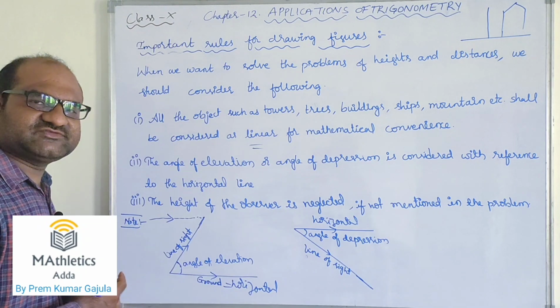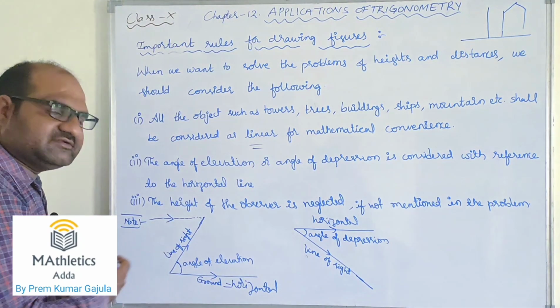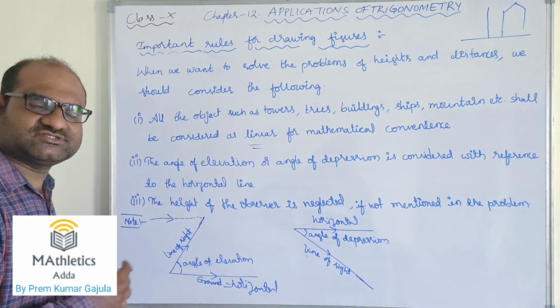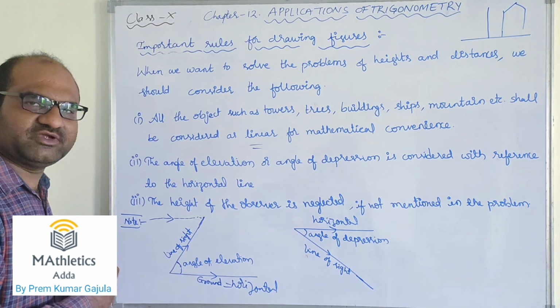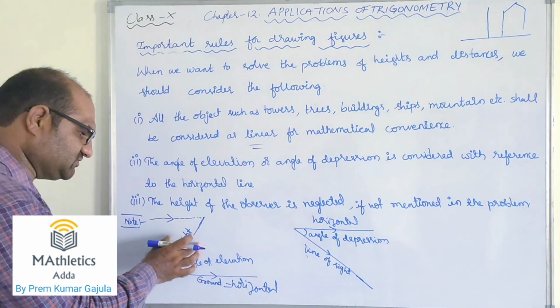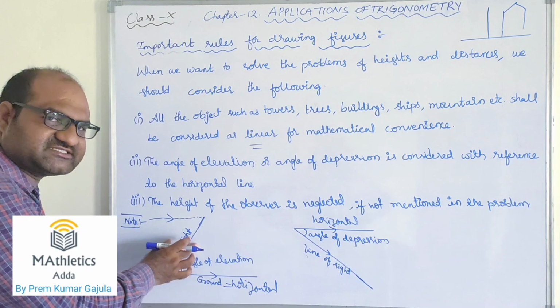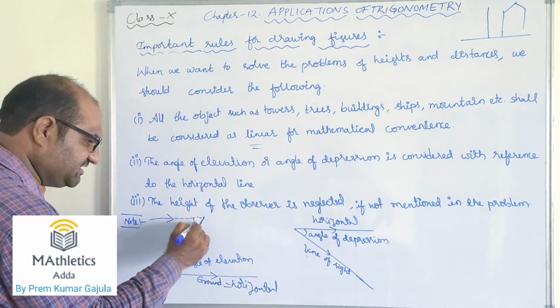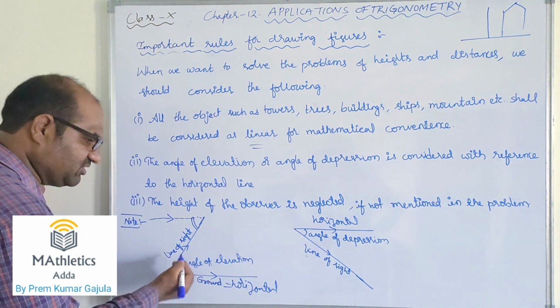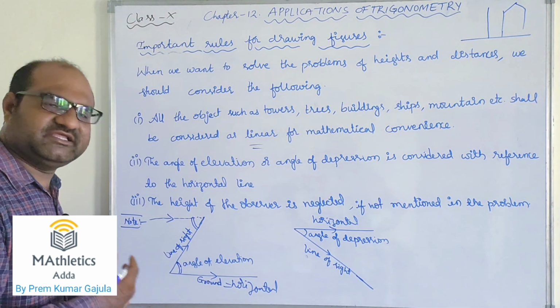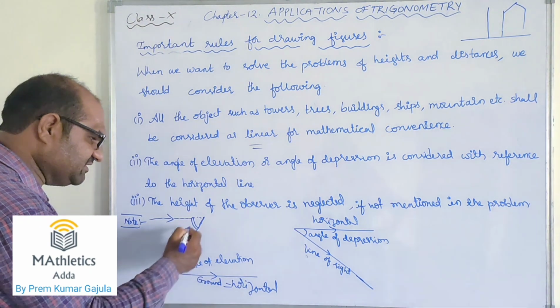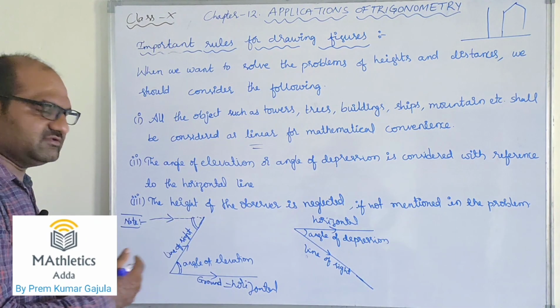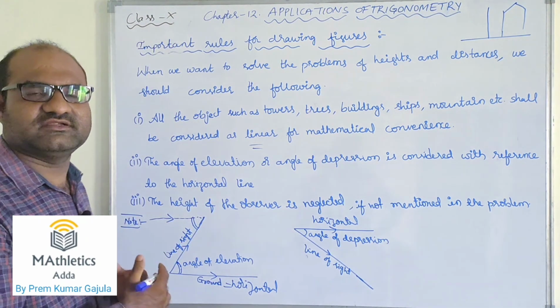In 7th class we studied that if a line intersects two parallel lines at two different points, then that is a transversal. So if we consider this line of sight as the transversal of these two parallel lines, then we can say that these two angles are equal. Why? Because they are alternate interior angles. So this angle is equal to this angle. We can use this concept in our problems.